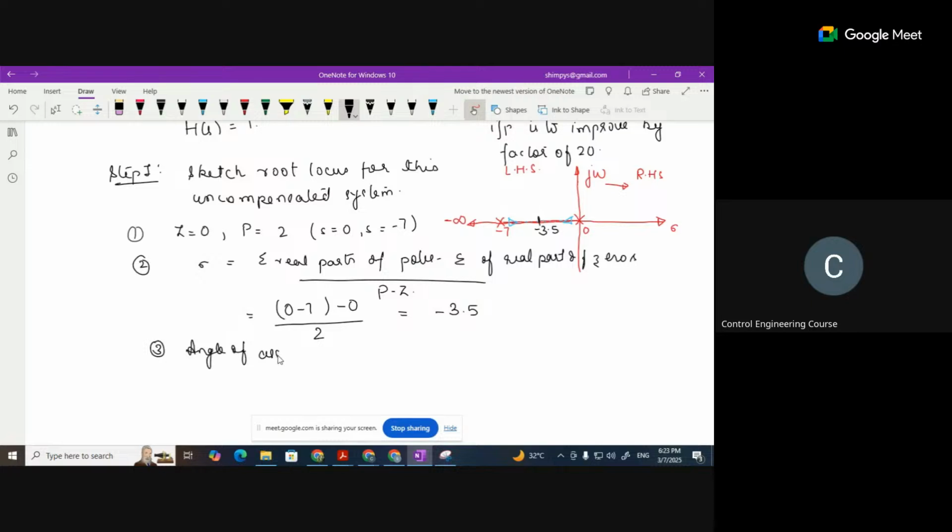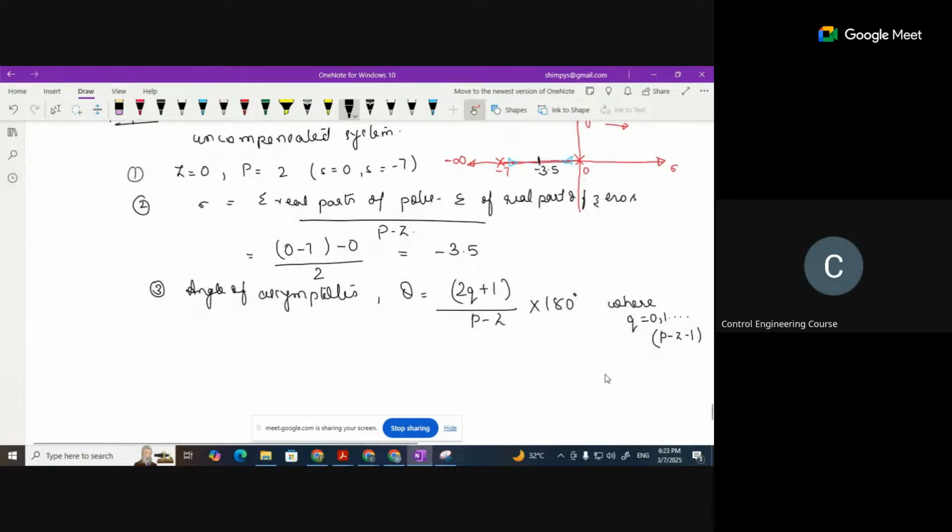So the angle of asymptotes, that is theta, is given as (2q plus 1) divided by (p minus z) into 180 degrees, and q is given as 0, 1, up till p minus z minus 1, right? Got it?